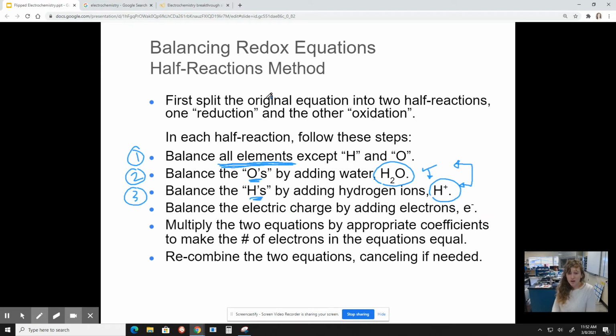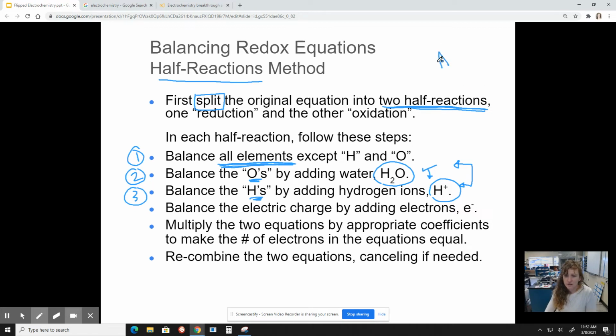Now, remember, we are doing this in a half reaction method. So the very first step, you're going to split the original equation into your two half reactions. And usually we do this by looking at all elements except for oxygen and hydrogen.